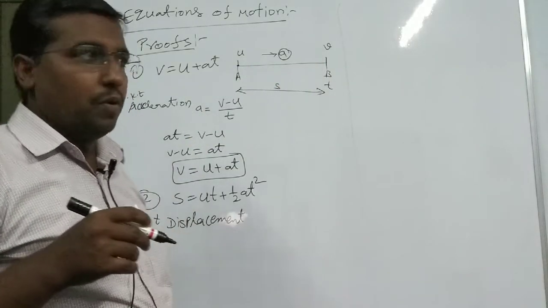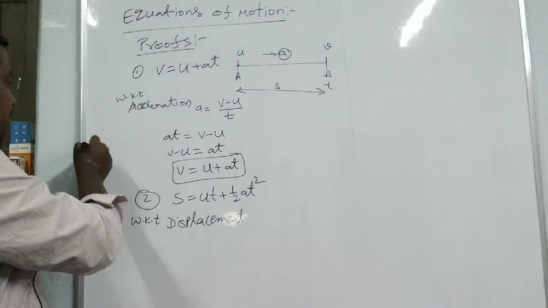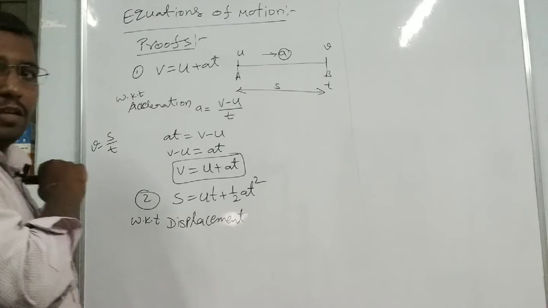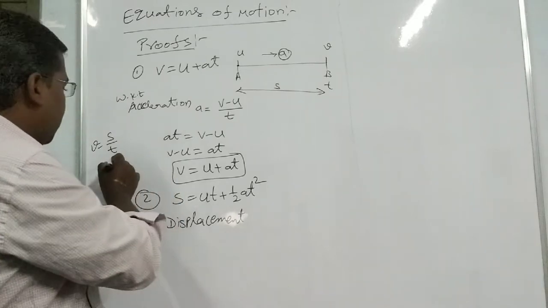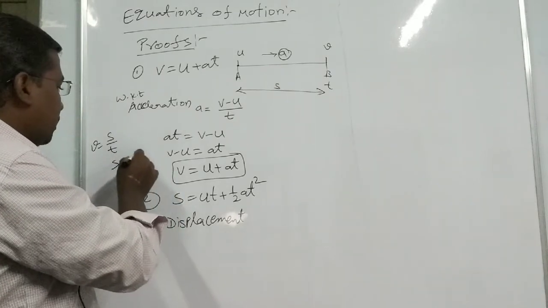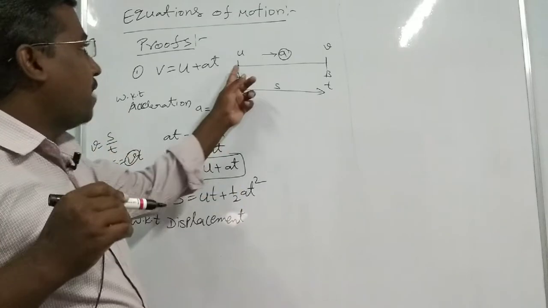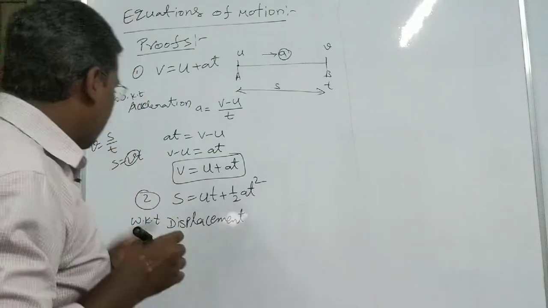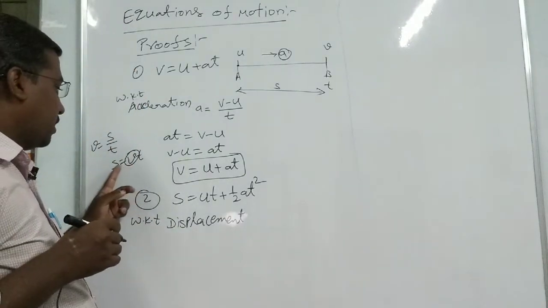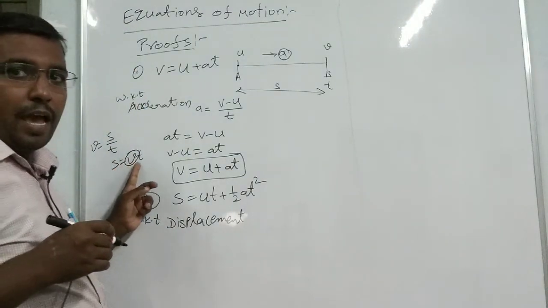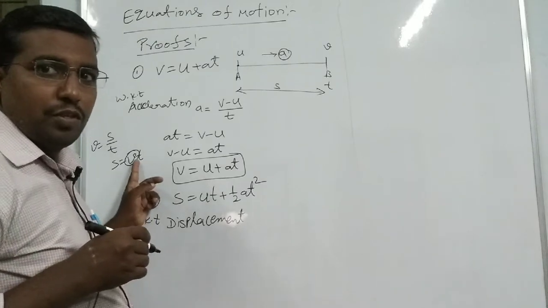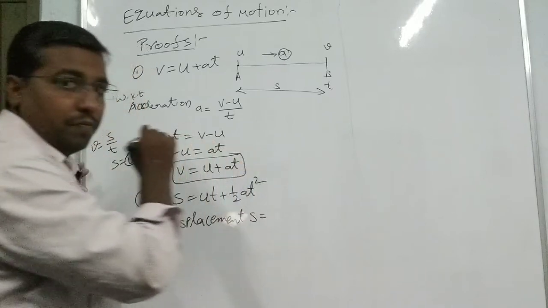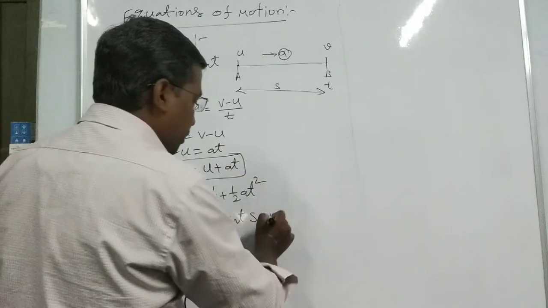The velocity v equal to distance, or displacement, by time. So displacement s equal to vt, where v is the average velocity between these two points. Displacement s equals average velocity into time.